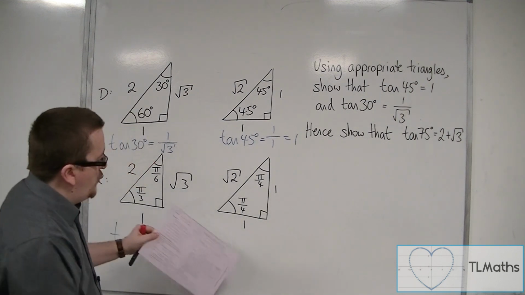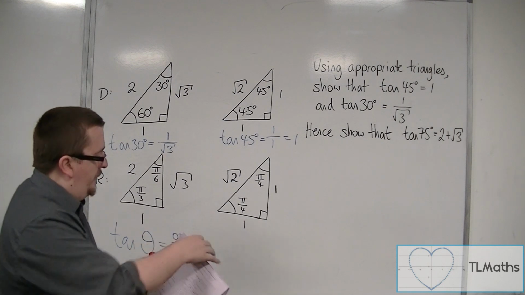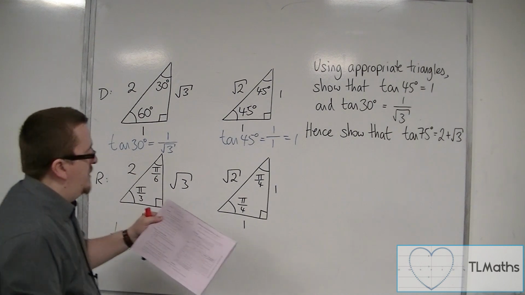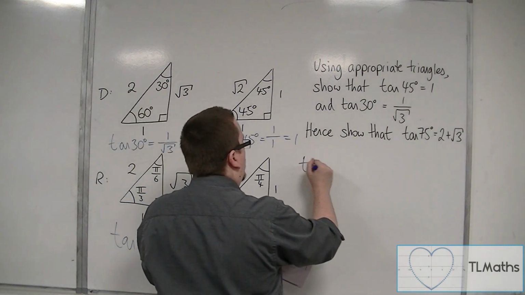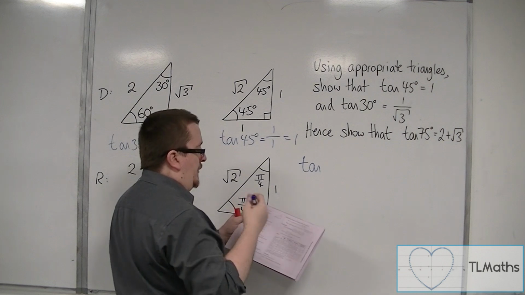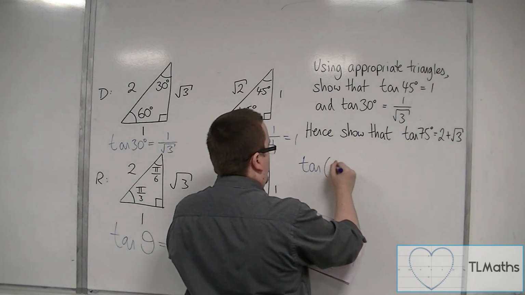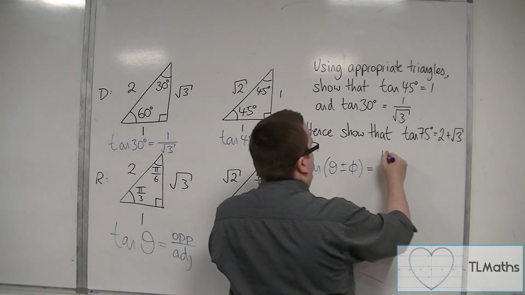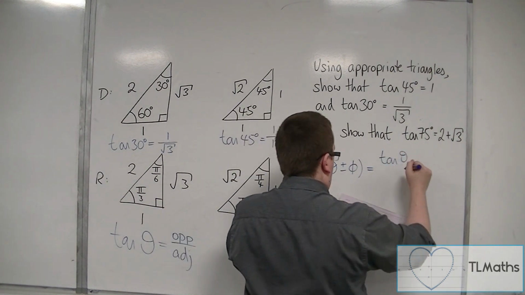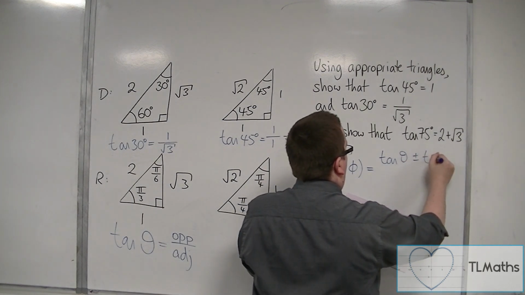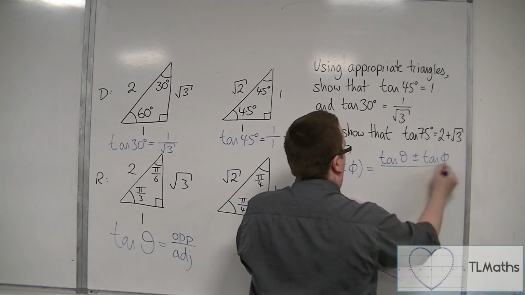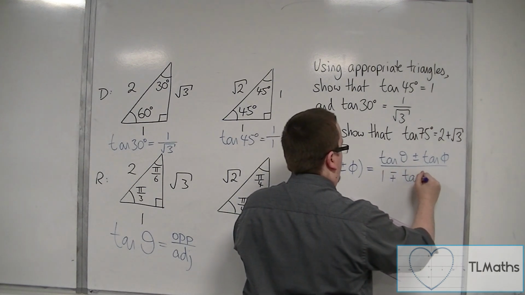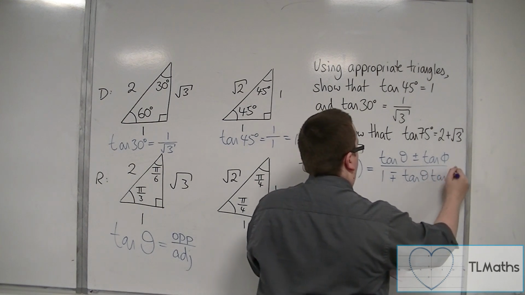Page 3 on the left-hand side says, round about near the top, that tan of theta plus or minus phi is equal to tan theta plus or minus tan phi over 1 minus plus tan theta tan phi.